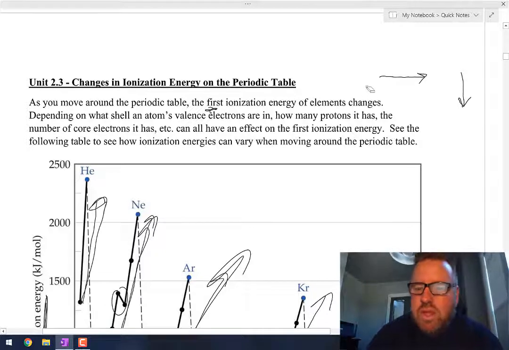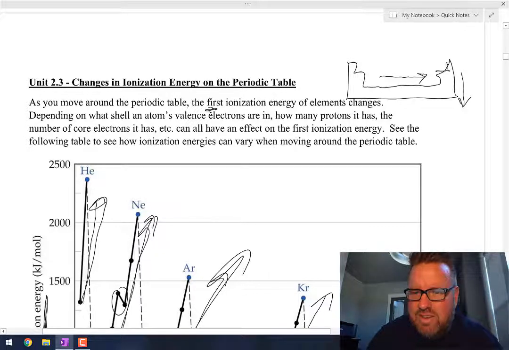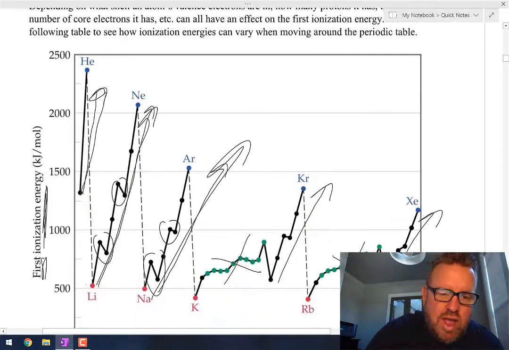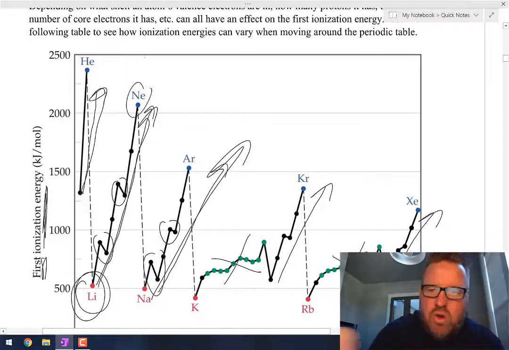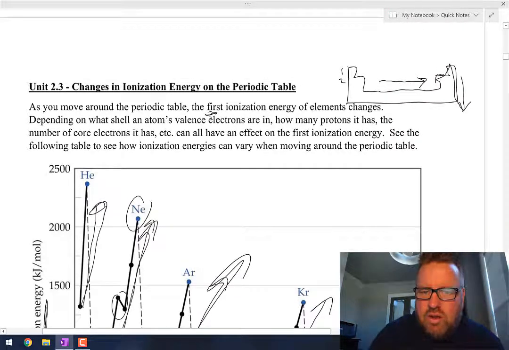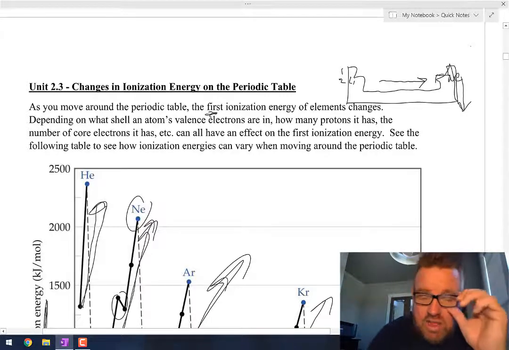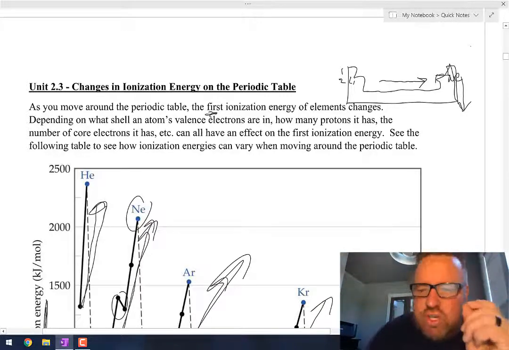So, let's talk about why. Oops, I erased my periodic table there. Okay, there's my periodic table. As you go across the periodic table, here's period 1, here's period 2. So we're starting here at lithium, Li, and going over to neon, Ne. And we can see that, again, the ionization energy is going up.